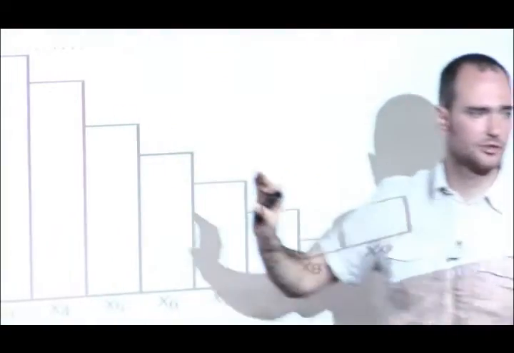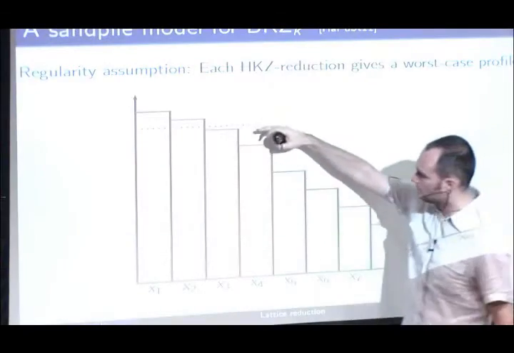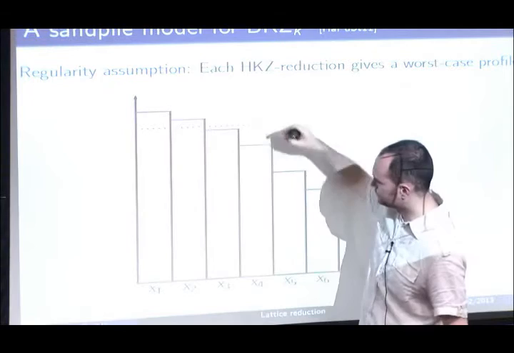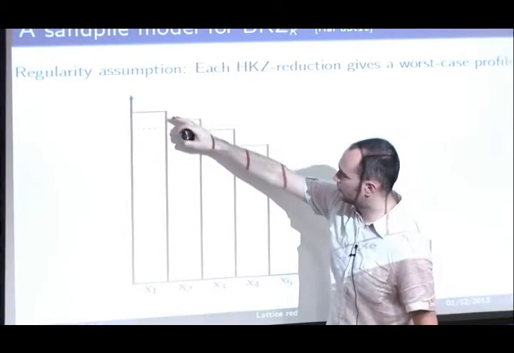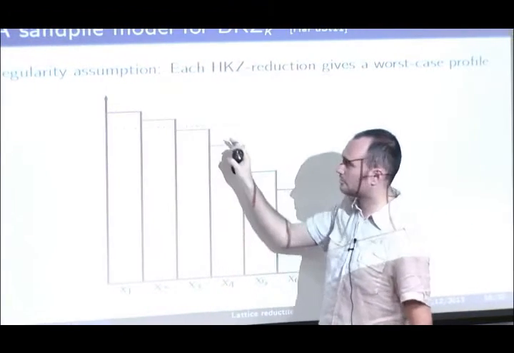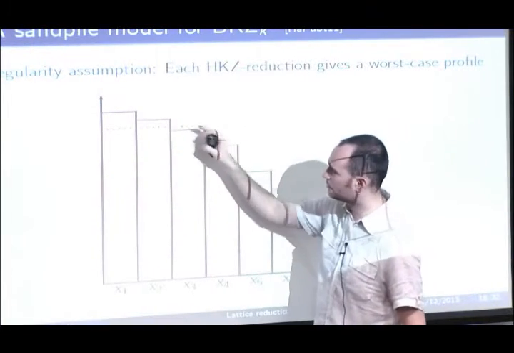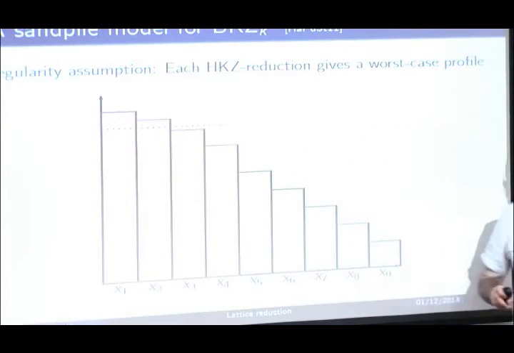What does it mean? First, the average should be the same, because HKZ preserves the determinant, so it preserves the product of the r_ii's, so it preserves the sum of the x_i's. So the average is the same, and then I apply to the average the HKZ profile. So I have the average, and I have a small offset given by the HKZ profile.